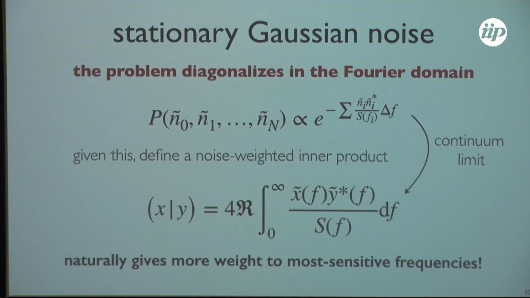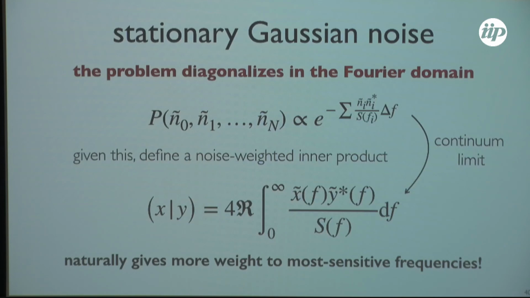In other words, the problem diagonalizes in the Fourier domain. If we are now talking about Fourier amplitudes, so not n but n tilde, meaning Fourier transformed, the indices now index frequency bins. You still have n of them, but in frequency, not time. Then the likelihood is just a sum.